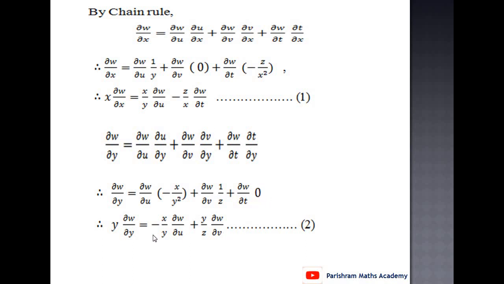Then simplify, if we multiply this equation by y, we get y ∂w/∂y equal to, after multiplying by y and cancelling, −x/y · ∂w/∂u + y/z · ∂w/∂v. This is equation 2.